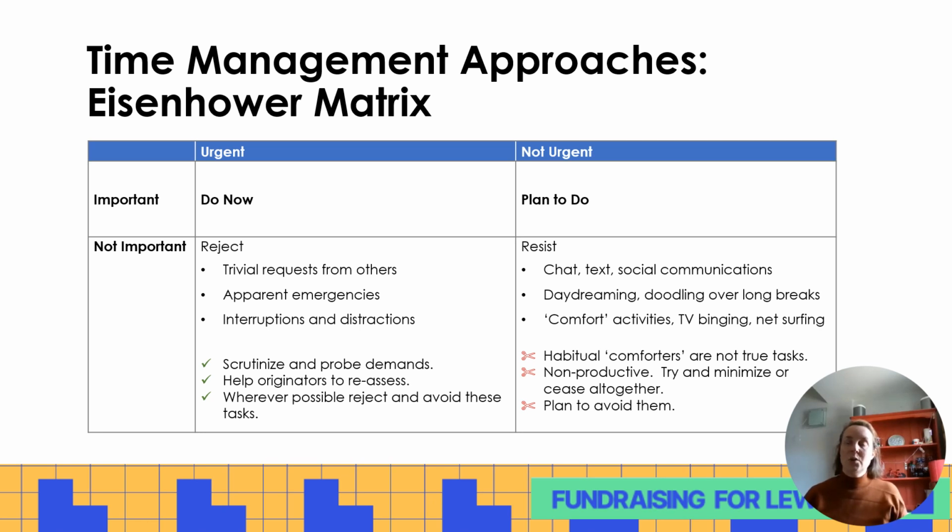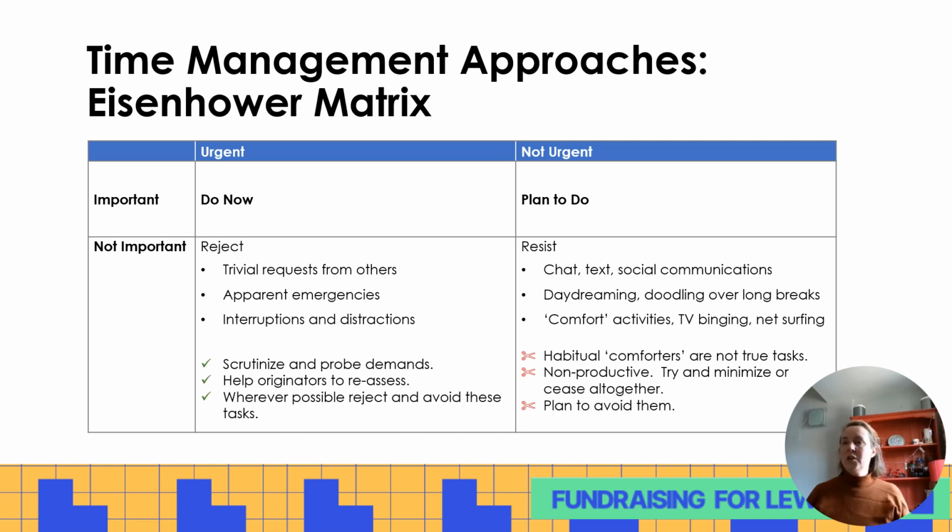If you have something that is urgent but not important, you would reject it. Things like this are trivial requests from others, apparent emergencies that are not really emergencies, interruptions and distractions. And then on the other side, the not urgent and important you plan to do, so you might then put that in your calendar.